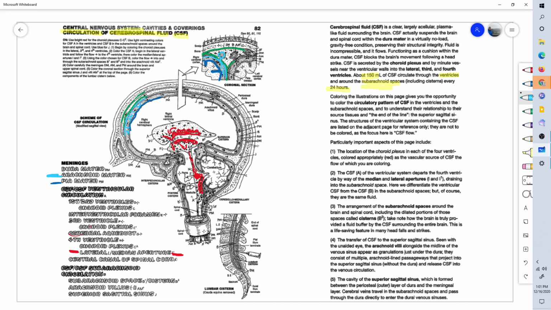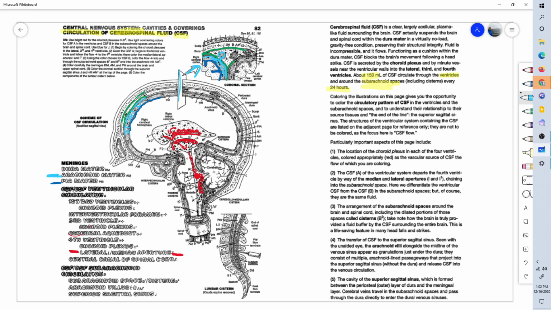And the subarachnoid space. Of course, this is a projection, a slice of the brain. Close-up slice. Now back to the flow of cerebrospinal fluid.